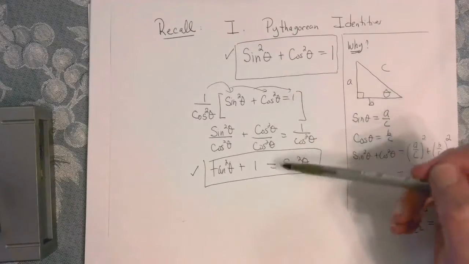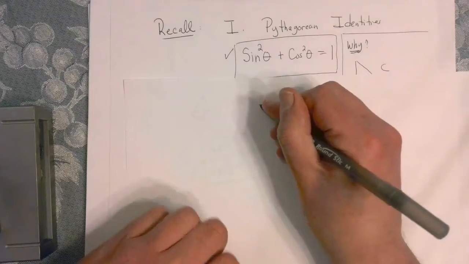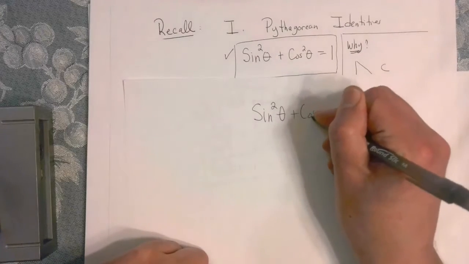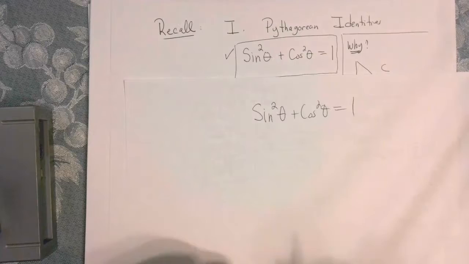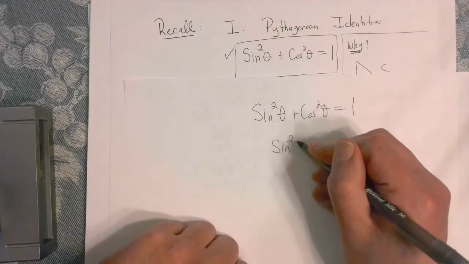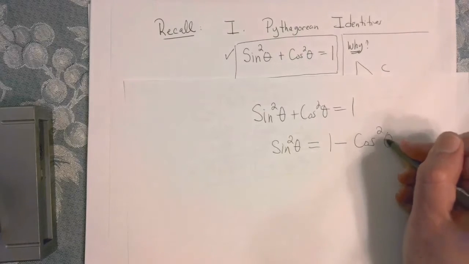Now, keep in mind, we have some algebraic flexibility with both of these. So, for example, this is kind of a buy one, get two free deal here. So check this out. So I could solve algebraically for sine squared of theta, and that's 1 minus cosine squared of theta.